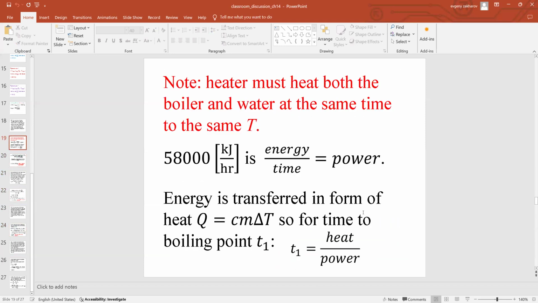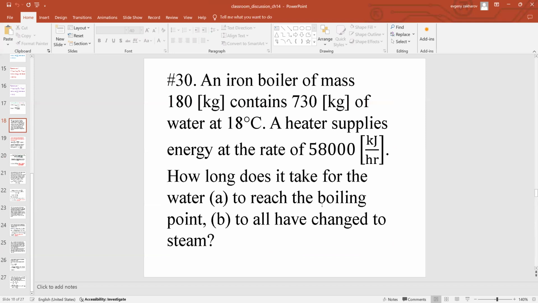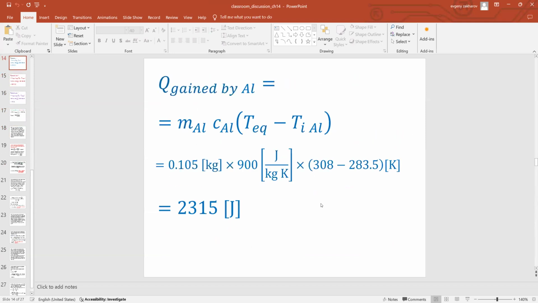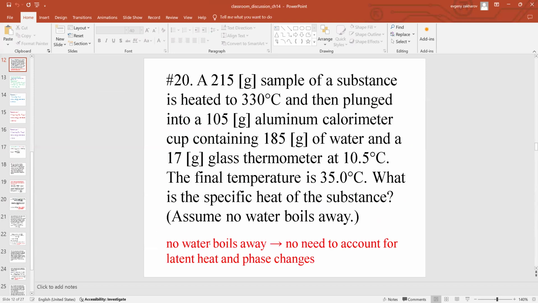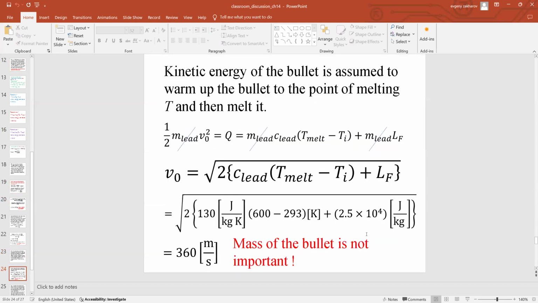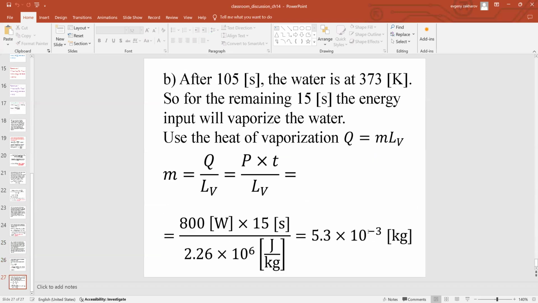The easy case, when you don't have any vaporization or fusion, was here. See, no water boils away. And harder cases, when you have phase changes, are towards the end of the file. So make sure you cover both scenarios and you understand if there is a phase change or not and what you do in both cases.